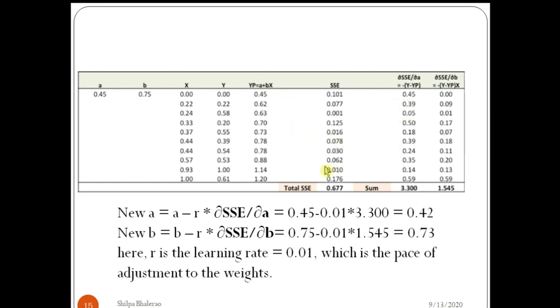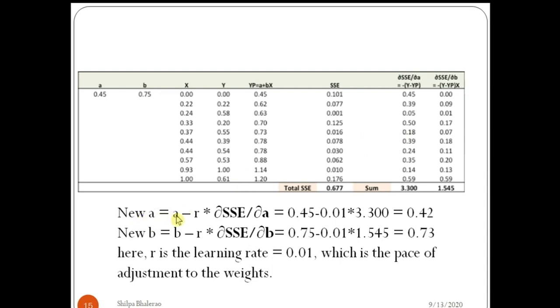So this is the total error, this is the formula delta by delta A, and this is the next theta 0, and this is the next theta 1 x. So now we calculate the new value of theta 0 and theta 1, that is A and B defined here.